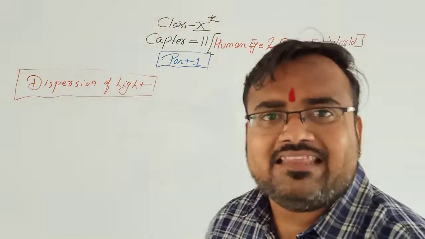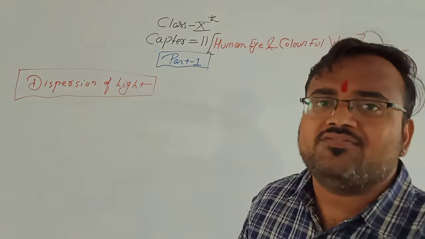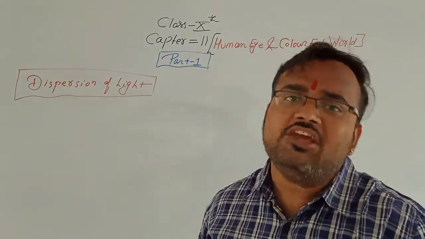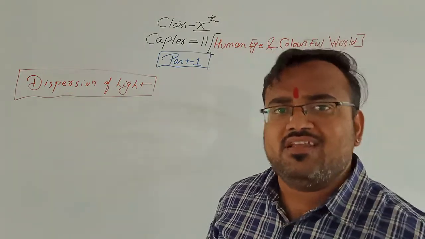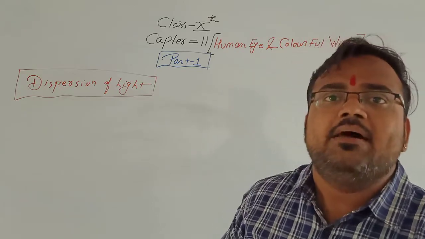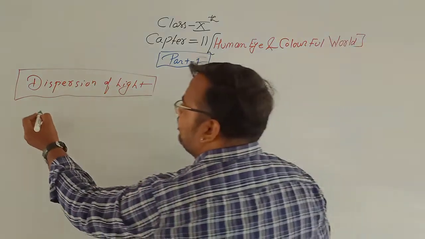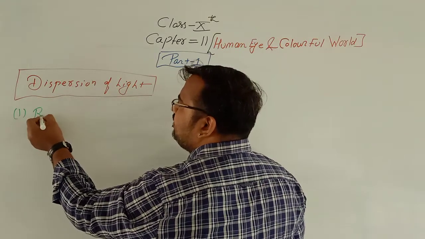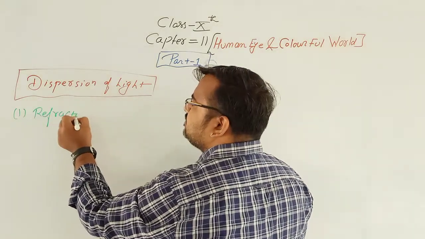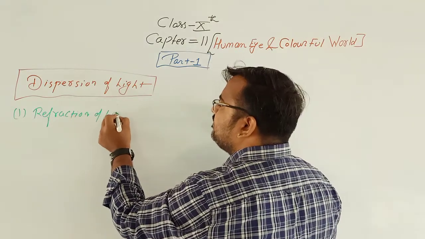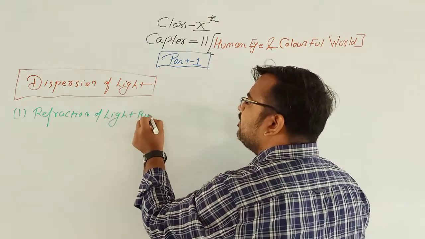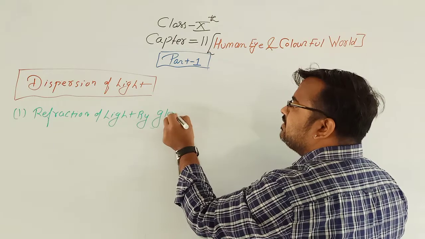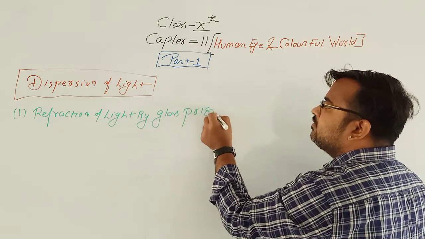So before starting this topic, dispersion of light, first we have to understand what is the refraction of light. What is the refraction of light by a glass prism? Okay, so we will study in this topic refraction of light by glass prism.